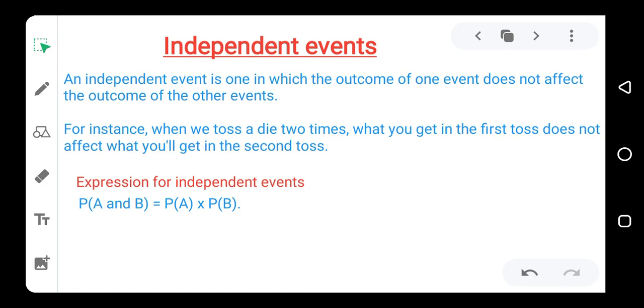Now, the formula for independent events is probability of A and B is equal to probability of A times probability of B. What this means is that the probability of getting A in the first event and getting B in the second event is equal to the probability of getting A in the first event times the probability of getting B in the second event.